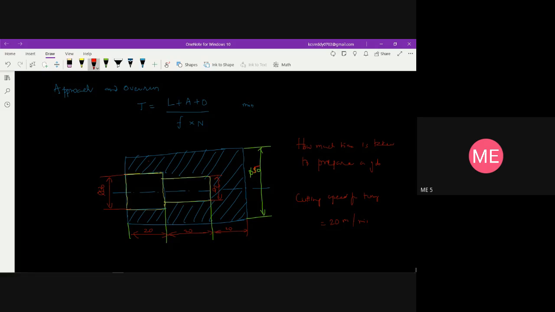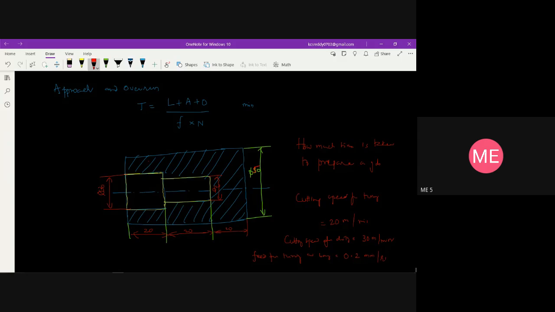So from this, we are going to find out how much time is going to be taken for drilling and boring also. For turning and boring, the cutting speed is taken as 20 meters per minute, and the cutting speed for drilling is given as 30 meters per minute. The feed for turning and boring is given as 0.2 mm per revolution.